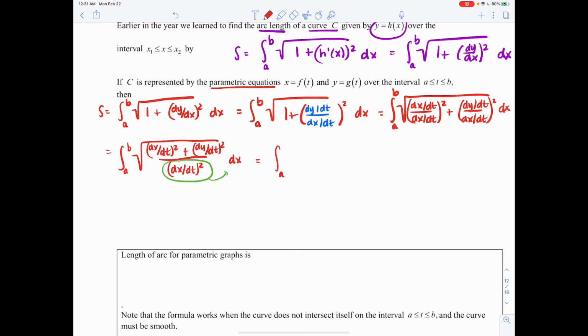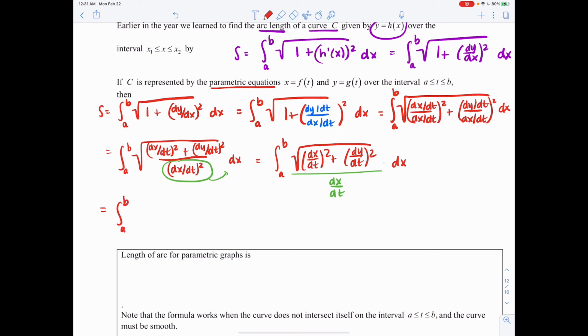Integral from a to b, radical dx dt squared dy dt squared. And remember, we moved it outside of the house. So there is just a dx dt in this denominator, and it's in the denominator because it was underneath the radical, and a dx.